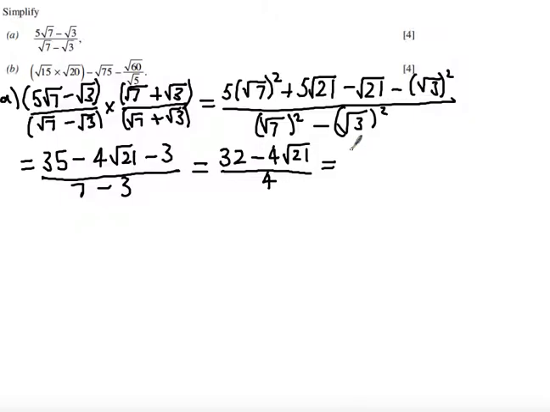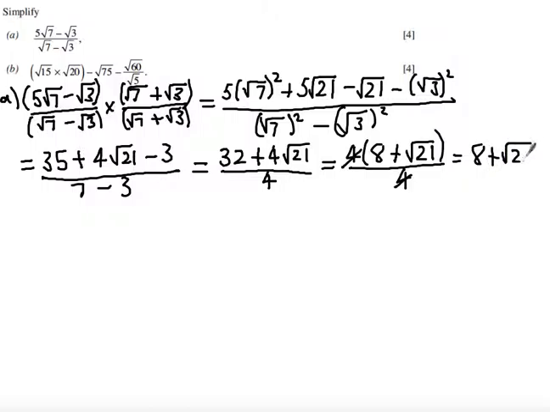Some people like to factorize the top, take the 4 out, so that they can see they're not making any silly cancelling mistakes. Sorry, this should be a plus here, and this should be a plus here, and this should be a plus here. So taking 4 out as a common factor, we can then see that the 4s cancel, and it just leaves me with 8 plus root 21.